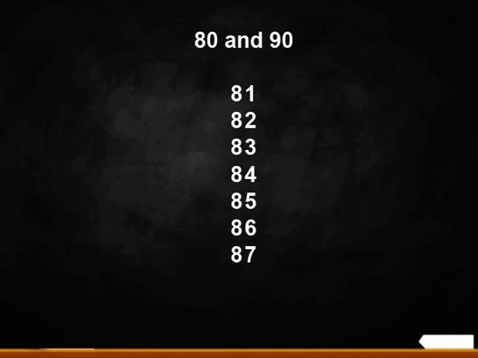Of all the numbers between 80 and 90, which are 81, 82, 83, 84, 85, 86, 87, 88 and 89, the only numbers ending with 2 and 8 are 82 and 88. Therefore, we will strike out all the other numbers. Thus, out of 82 and 88, one is the correct answer.